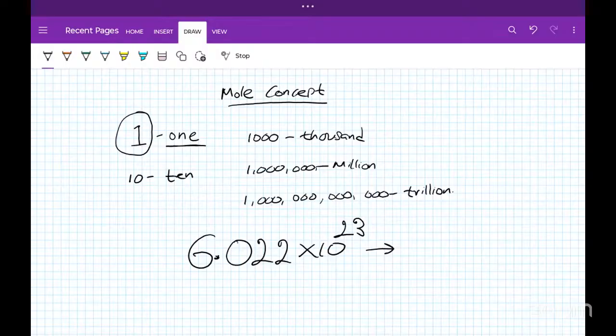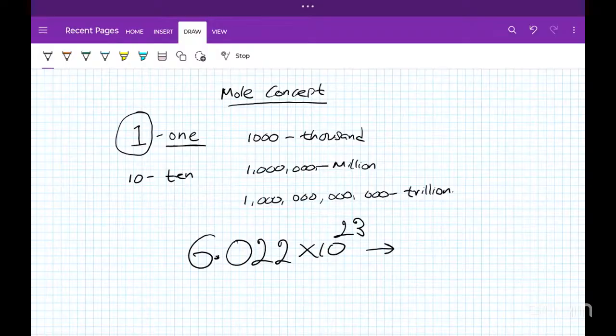I think all the numbers have names, right? 11, 12, 13, 14, and so on. This number is a very large number. It is close to a trillion times a trillion, right? Sometimes more than that as well. So it's a huge number.